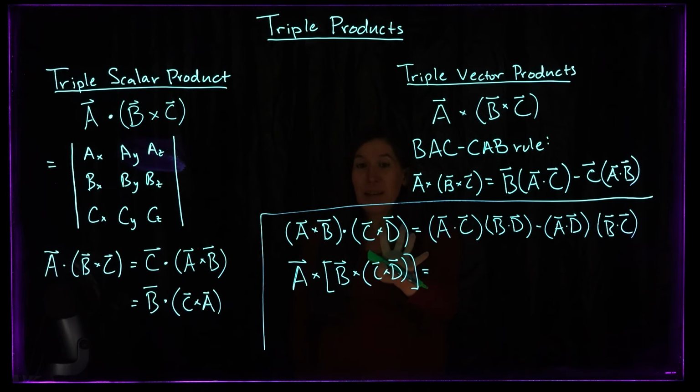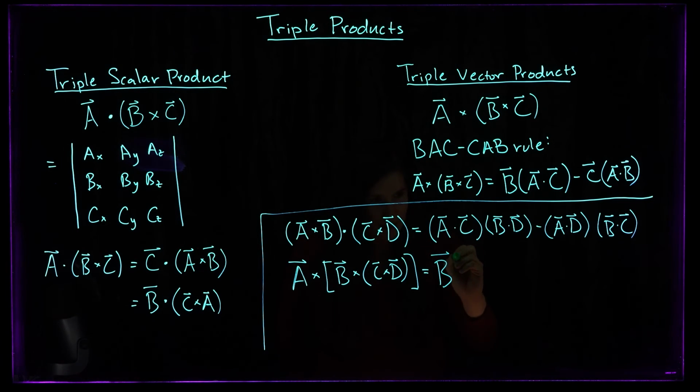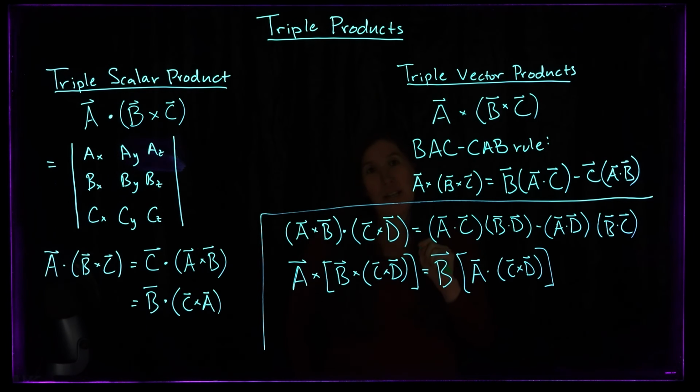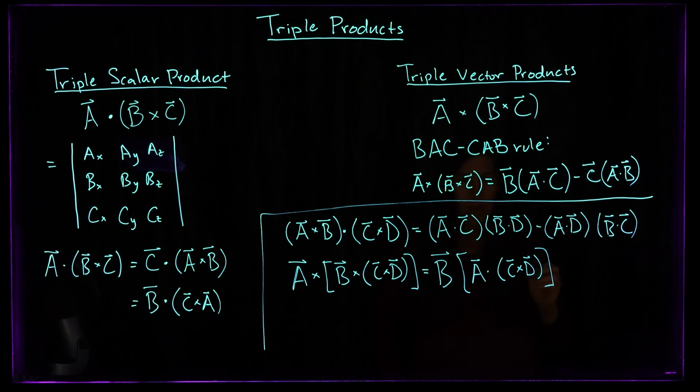And then I'll say you can simplify these by using these triple product identities. This, it turns out, is equal to B times A dot C cross D. All right, so we have a vector here, and we're taking the dot product, so this thing in brackets is a scalar, but then a scalar times a vector is a vector, which is good because this whole thing should be a vector.